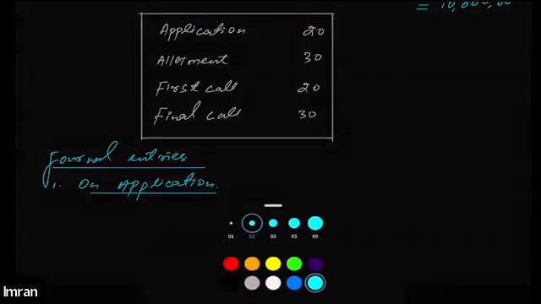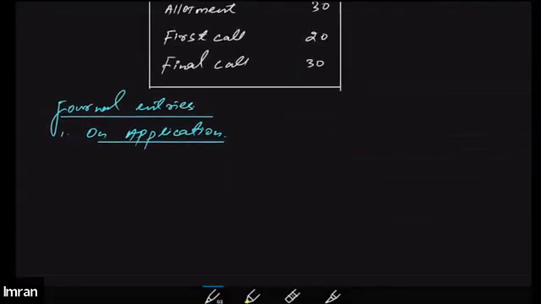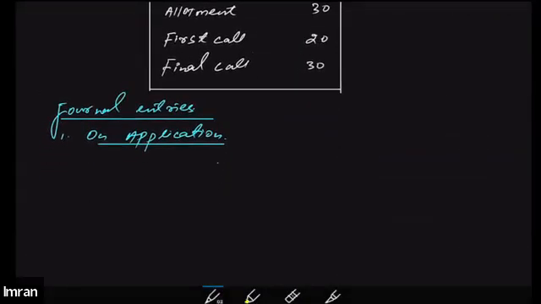For on application, the journal entry will be bank account debit to equity share application.